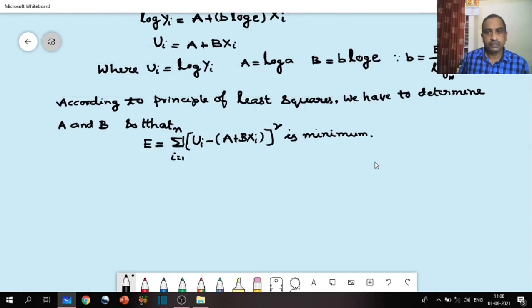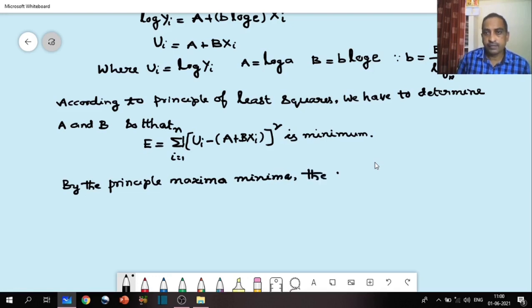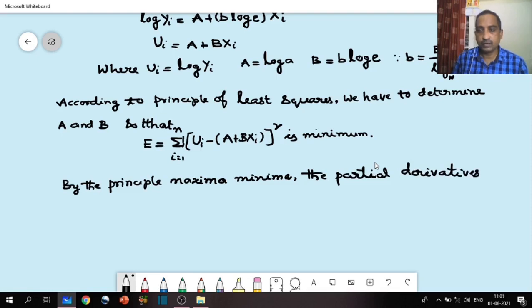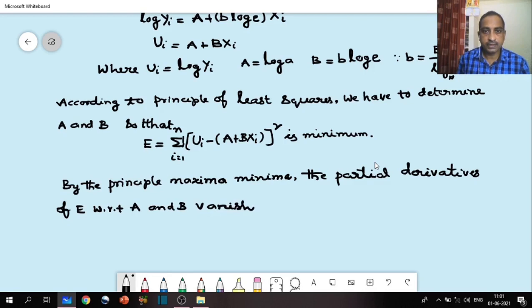Right? So now by the principle of maxima and minima, the partial derivatives of E with respect to A and B vanish separately.